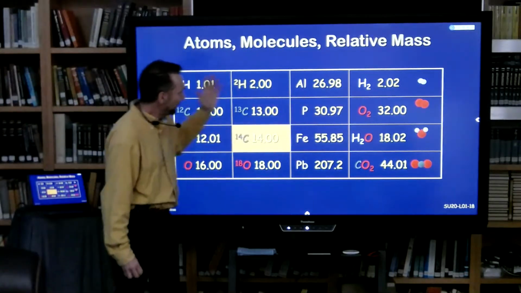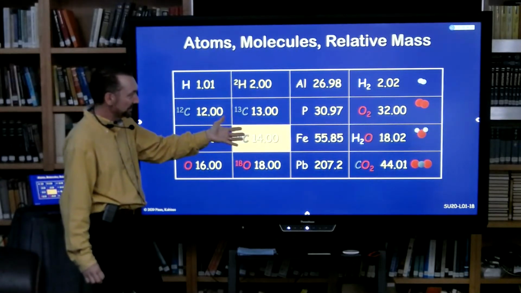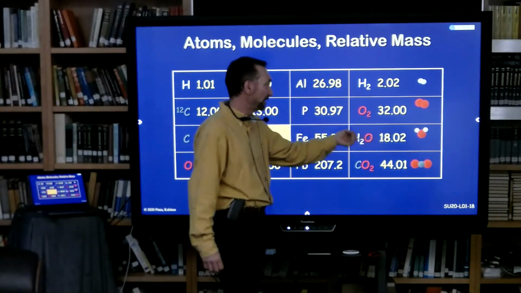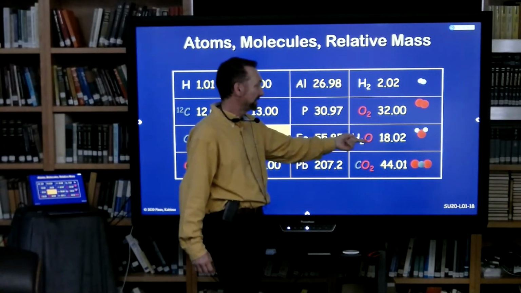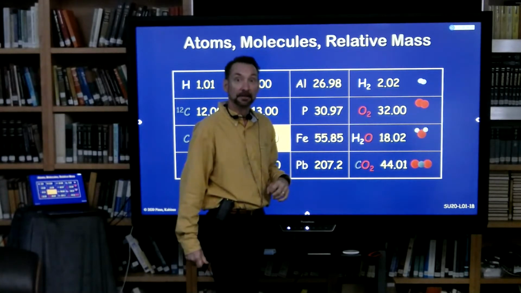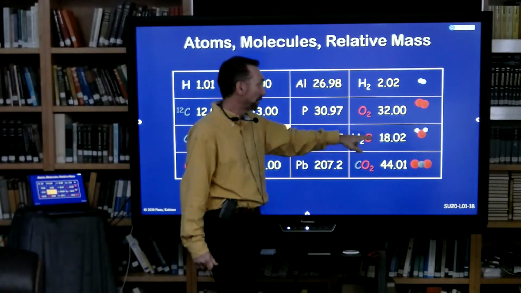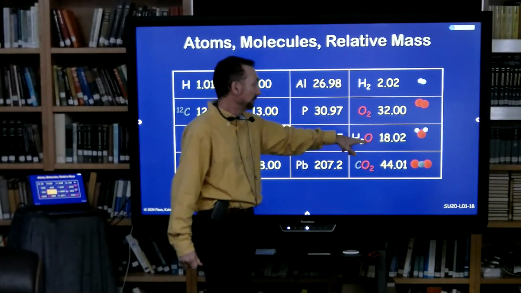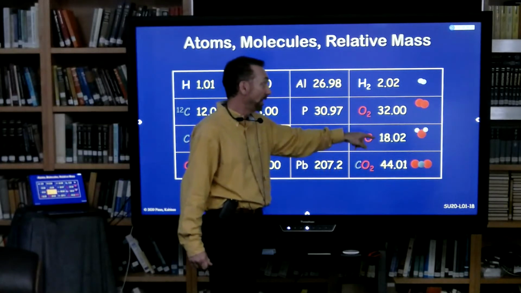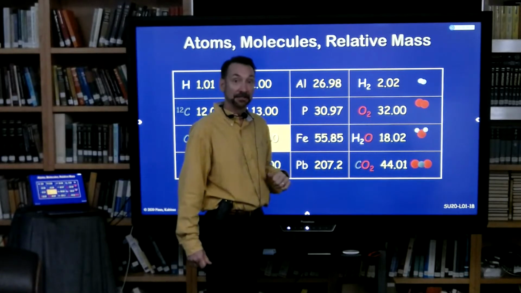So we can also use them to do our chemical calculations. We've already seen that. If you have, say, 18 grams of water, that has the same number of particles as 32 grams of oxygen molecules. Super handy. So if you want to react water and oxygen, it's hard to get those two to react, but if you wanted to do them 1-to-1, you'd take 18 grams of water and 32 grams of oxygen.